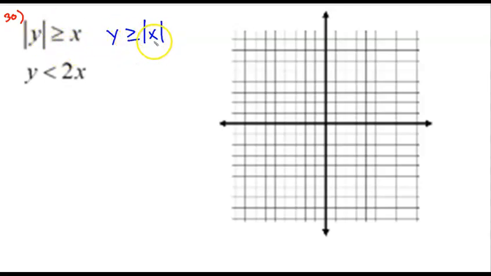When I plug numbers in, this is just the parent V. Let me illustrate it by doing this first. I think we've talked about this parent V that has these points, up 1, right 1, up 1, left 1, vertex at the origin. So in equation form, if we do an input of 1, we get an output of 1. If we do an input of negative 1, we also get an output of 1.